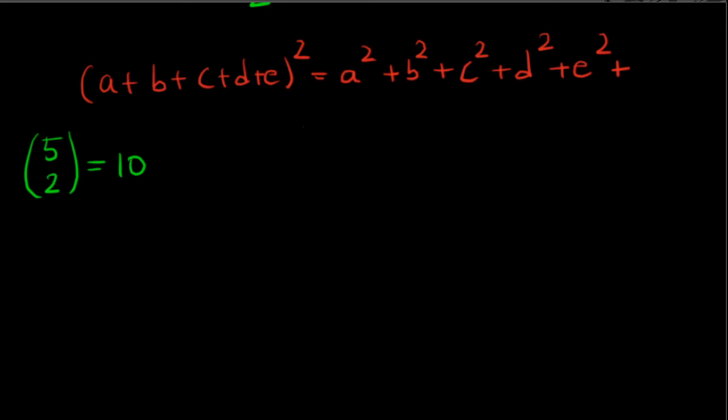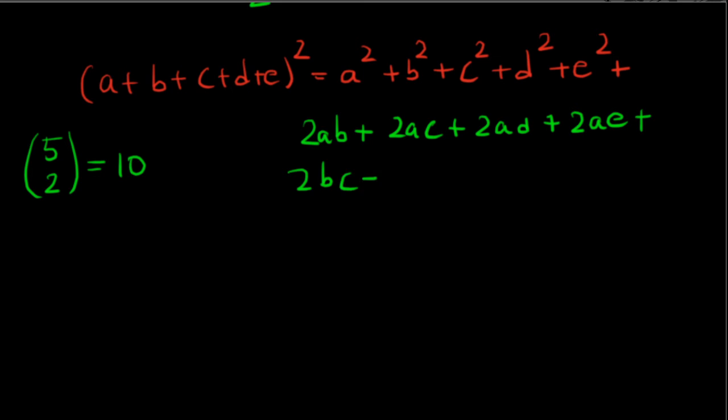I'm going to start with my A and be making groups of 2 with A. So it'll be 2AB, 2AC, all the way out to 2AE. When A is completed, I'll be moving on to B. We start with 2BC and end up at 2BE.